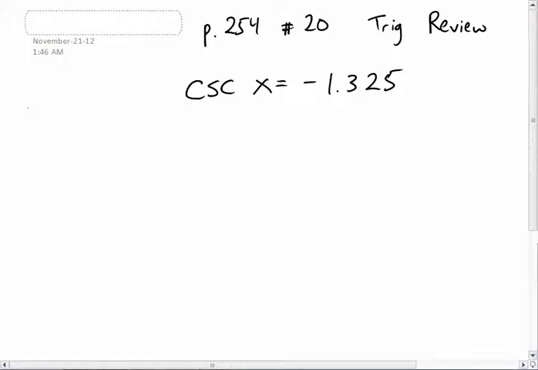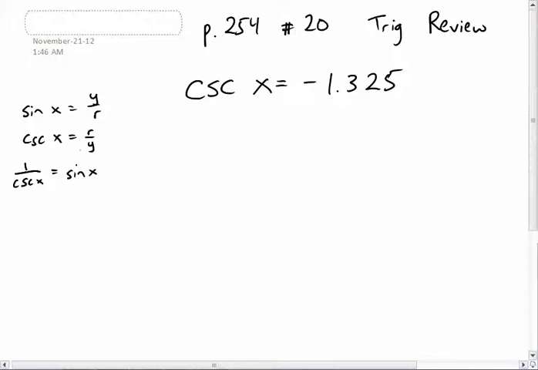Now, because I know that sine x is y over r, and cosecant x is r over y, these two are reciprocals of each other. So if I did 1 over cosecant x, then that would give me sine x.